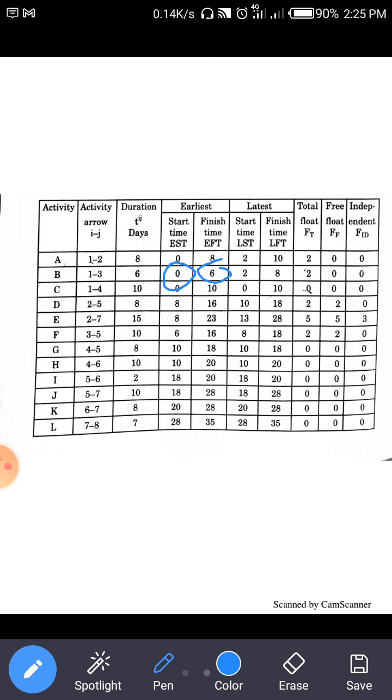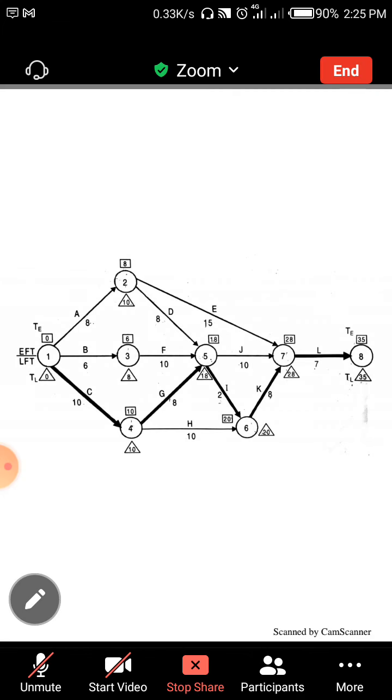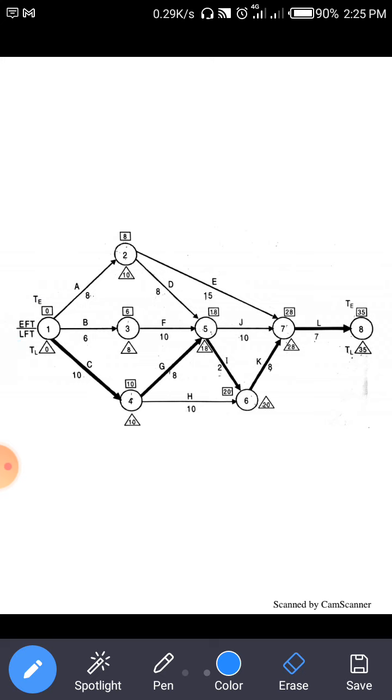Similarly for activity 1 to 4, earliest starting time is 0 and earliest finish time is 10.